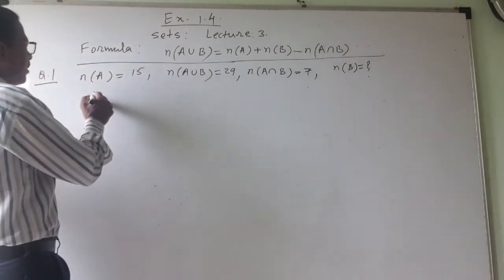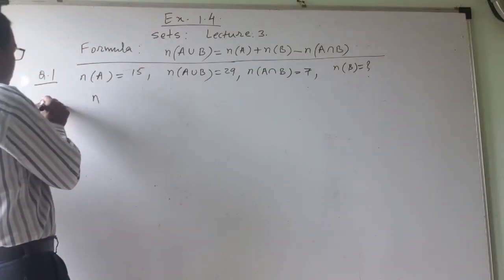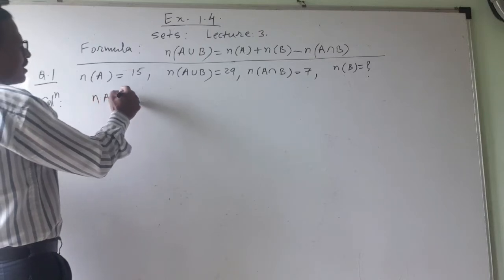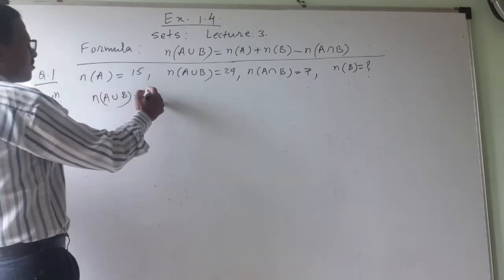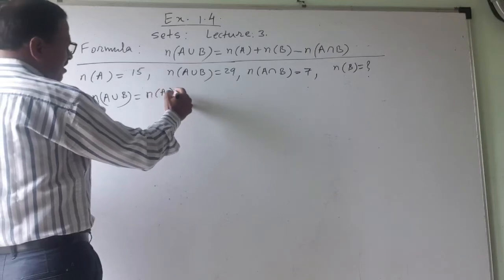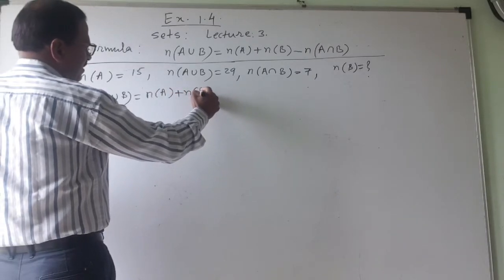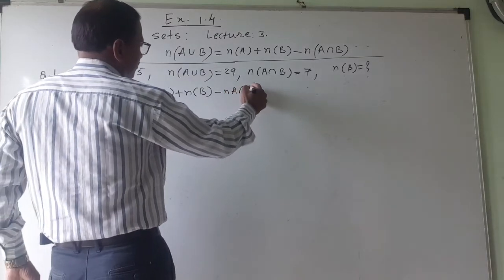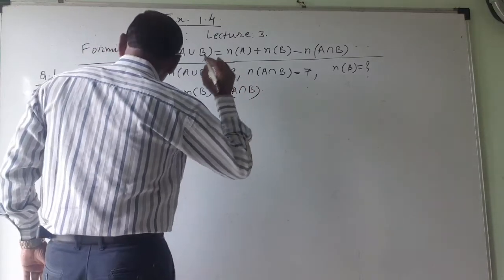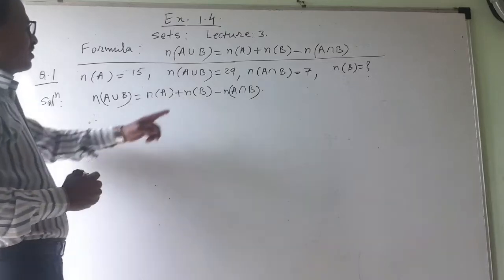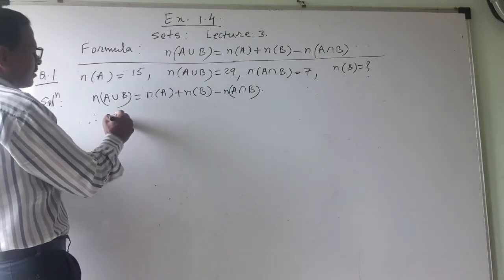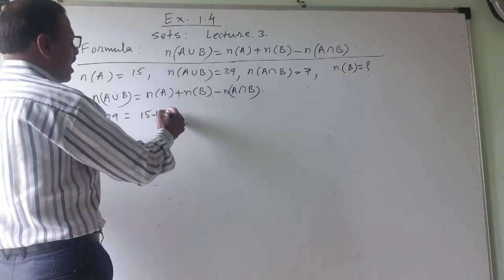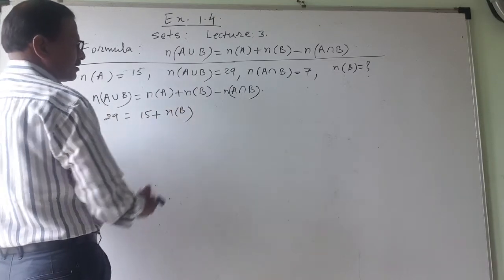So the formula of solution: n of A union B is equal to n of A plus n of B minus n of A intersection B. Now we will put the values. n of A union B is 29. n of A is 15 plus n of B, I don't know, I want that.